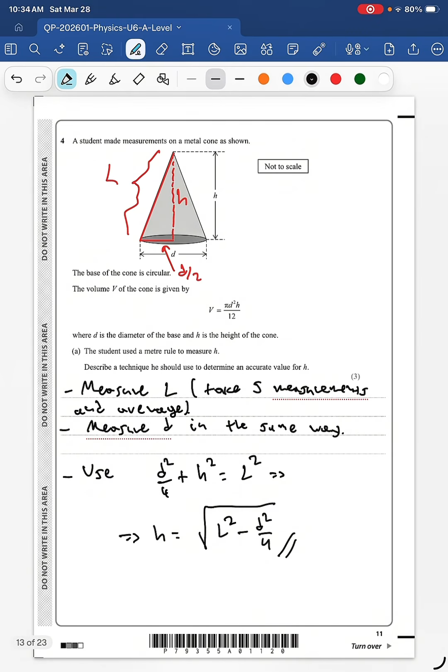Now for v, you see that we are multiplying physical quantities. V is proportional to d squared times h, right? So when we multiply, we again add percentage uncertainties, and whenever we take the power of a physical quantity, we multiply the percentage uncertainty by that power.